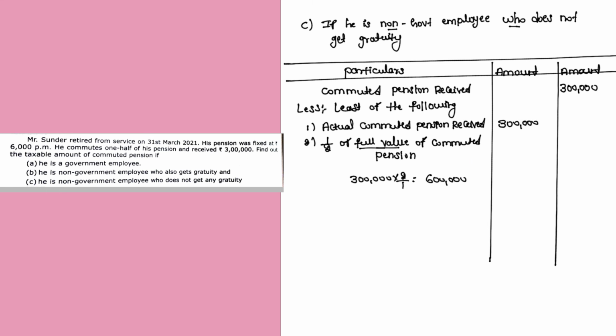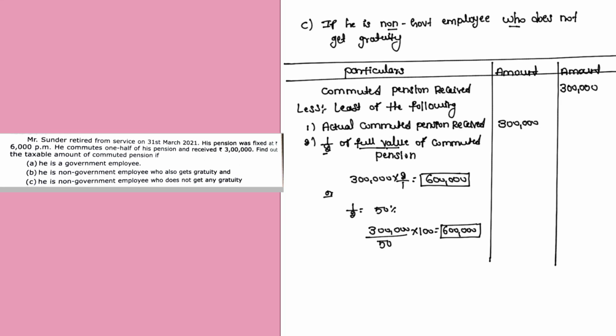Or you can follow one more method. 1/2 means 50%. 3 lakhs for 50% means for 100% how much? If you multiply, you will get 6 lakhs.